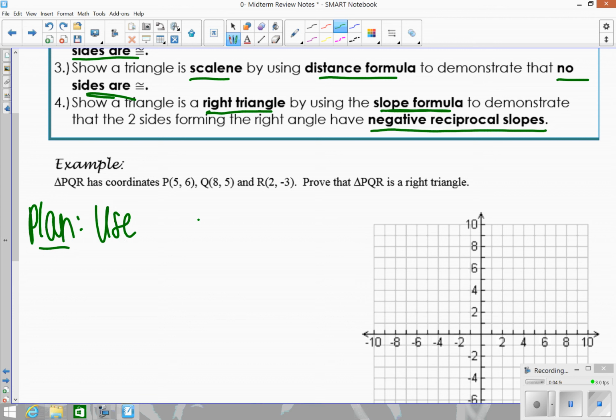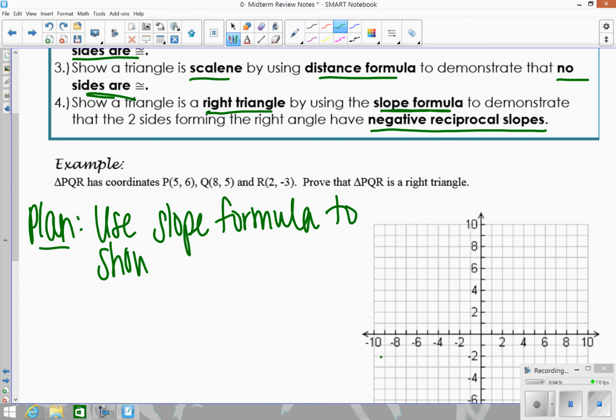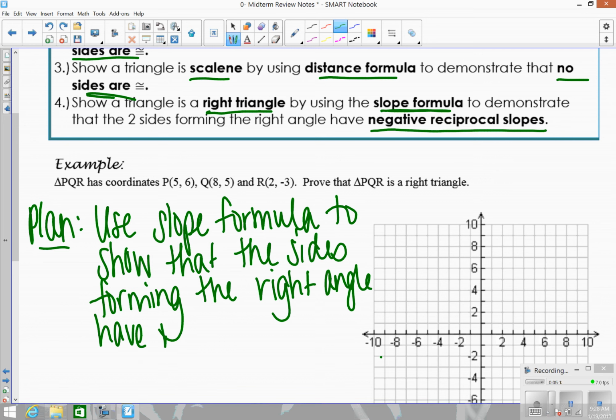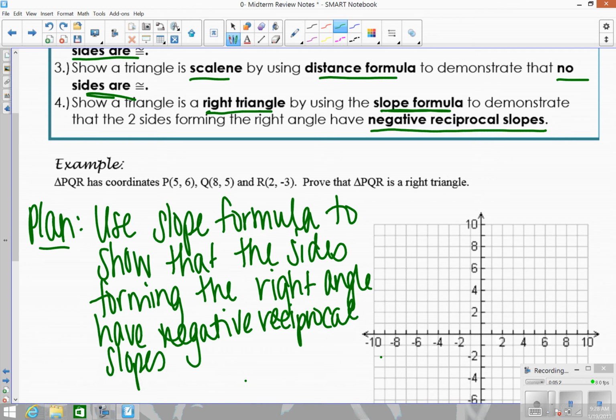So I'm going to use the slope formula to show that the sides forming the right angle have negative reciprocal slopes. So basically it's what it says up here for number 4.